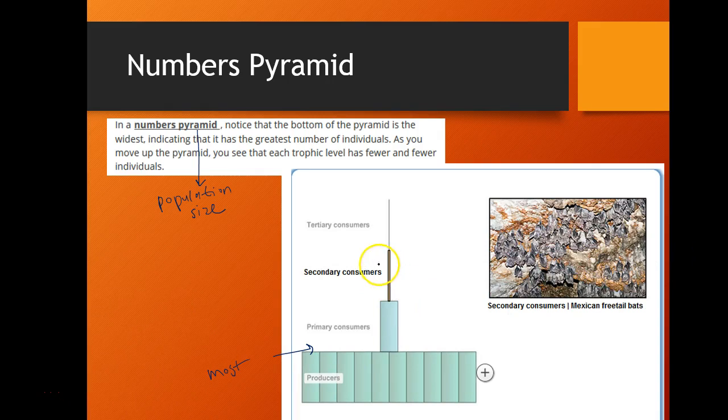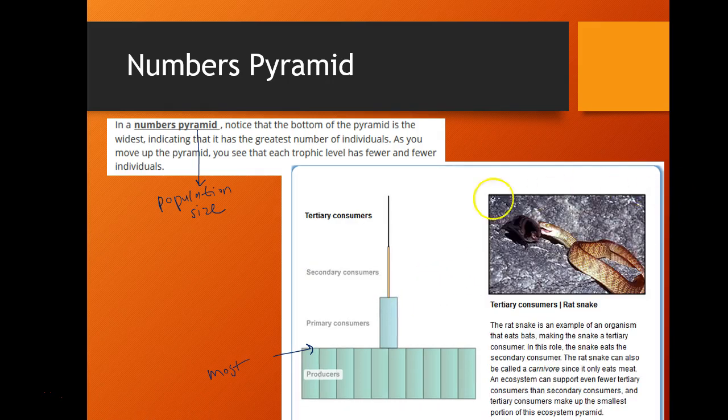And then next we have the secondary consumers. The secondary consumers, remember, feed on the primary consumers. And we have the Mexican free-tailed bats that do that. Compared to the caterpillar, we see that they only make up a fraction of its population.